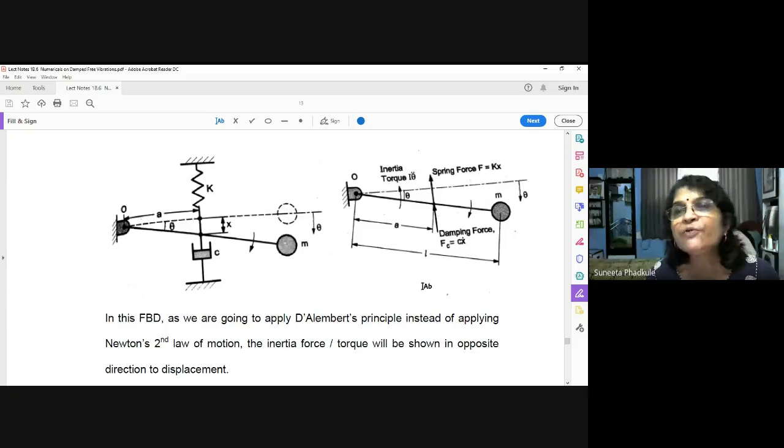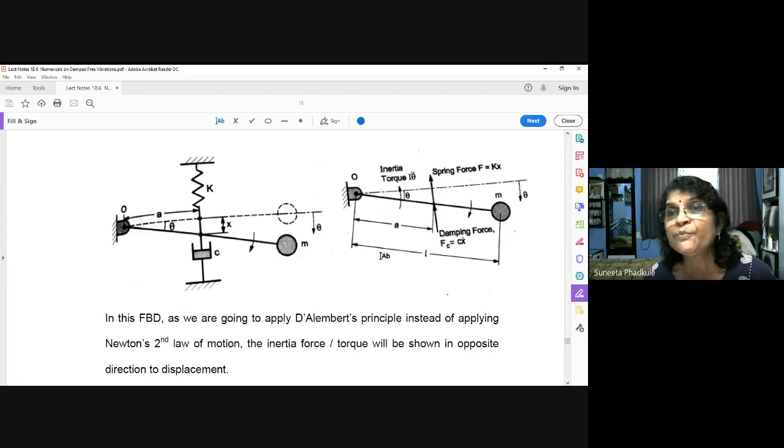If I had solved this problem by applying Newton's second law of motion, your body is moving down, so I would have shown this inertia torque in the clockwise direction. And the equation for Newton's second law is: inertia torque is equal to the summation of all the torques. But now I want to solve this problem by applying D'Alembert's principle. What is D'Alembert's principle? In mathematical terms, the summation of all the torques is equal to 0.